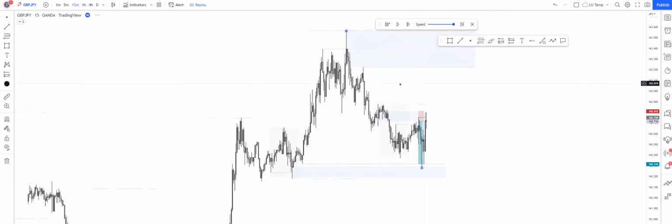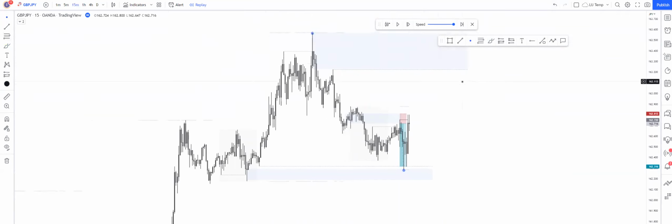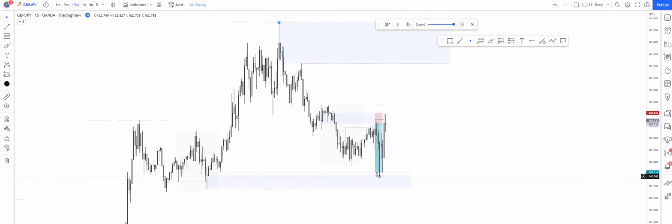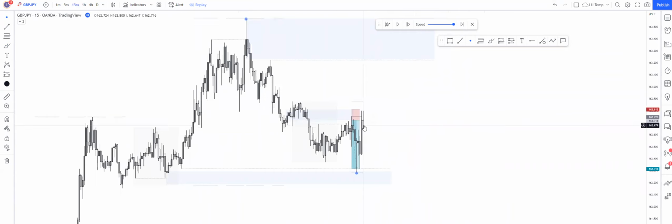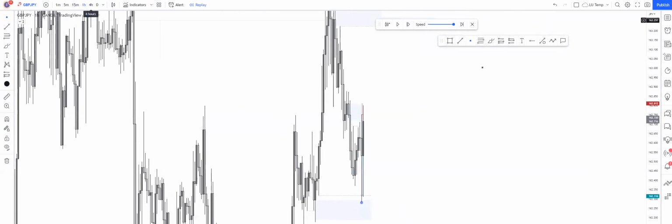Now remember again, you have to know where this is coming from on the higher time frames. So I already know that that's a weak low, so that will get taken. And then we got equal lows right here forming. So that's London open now. So I took this high out. Tapping into it, I'm going to get a wick.